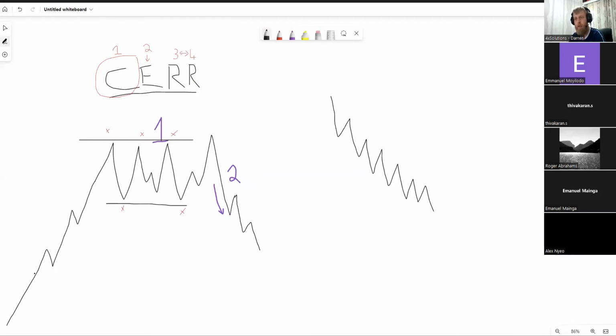So the market had rallied higher, went into consolidation, and from this consolidation, it expanded lower away from the consolidation over here. But after expanding away from the consolidation, is this retracing or is it reversing?